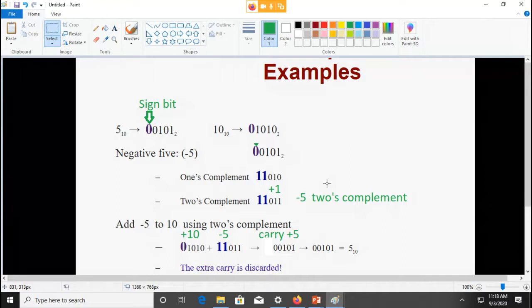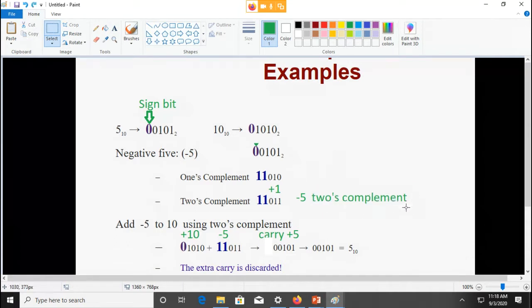And so that's why when we store a number as a negative number inside of a computer, or we try to do subtraction, we take the 2's complement of that. So we negate the number by complementing the number and then adding 1 to it. And that makes it the 2's complement. So the 2's complement for a negative number is going to look like this.